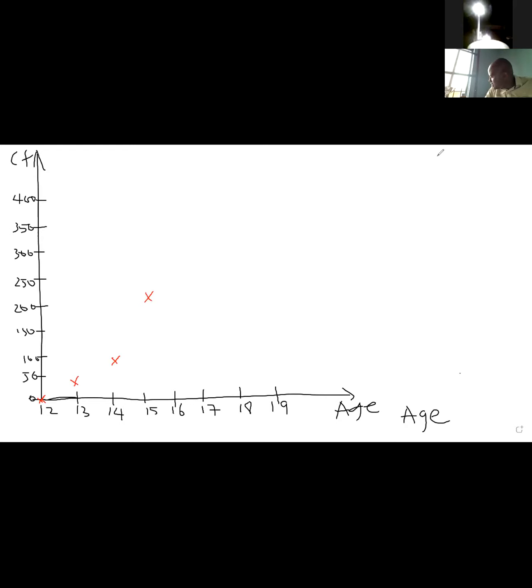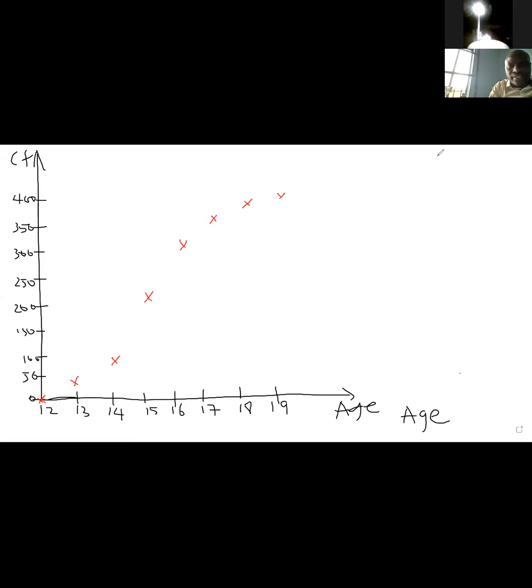Under 16 is 320. So for you to have a graph paper, the point must be accurate. Under 17 is 370. That's about 350. Under 18 is 395. That's below 400. And under 19 is 400.